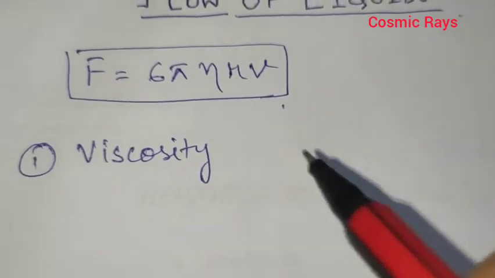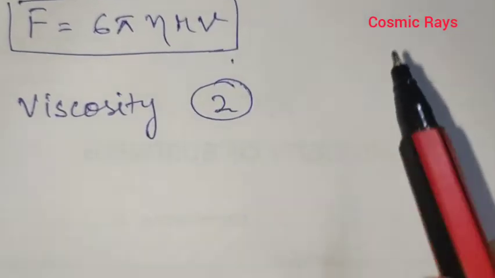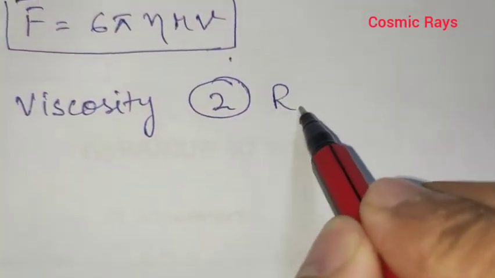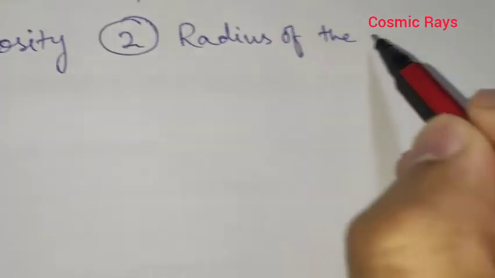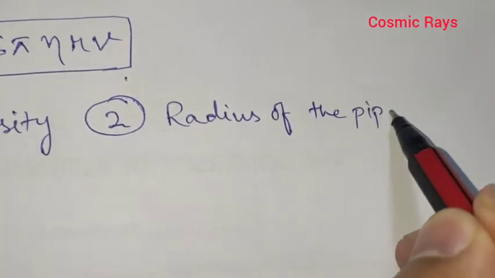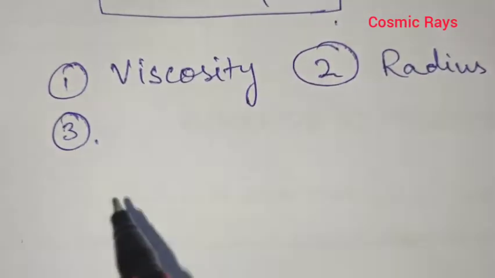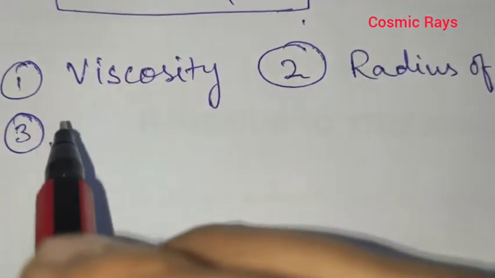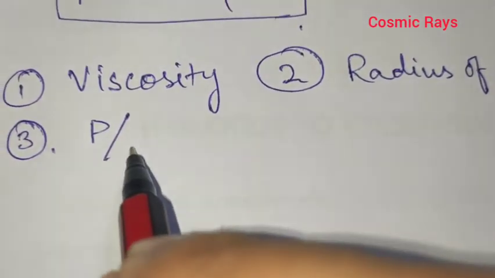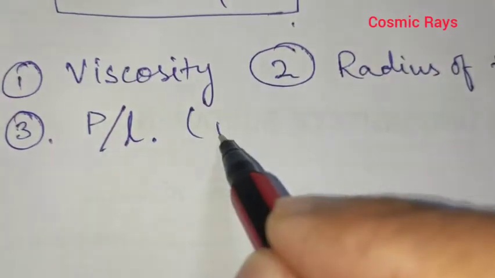The second thing is the radius of the pipe. And finally, the third thing is the pressure per unit length, that is the pressure gradient.